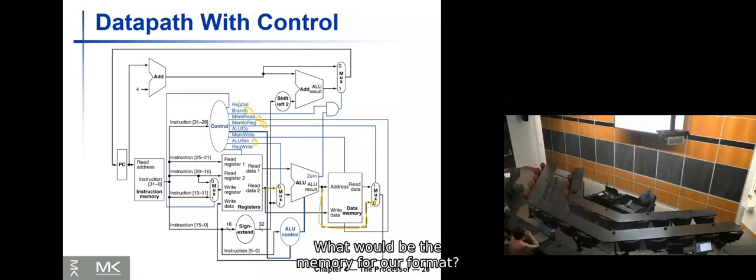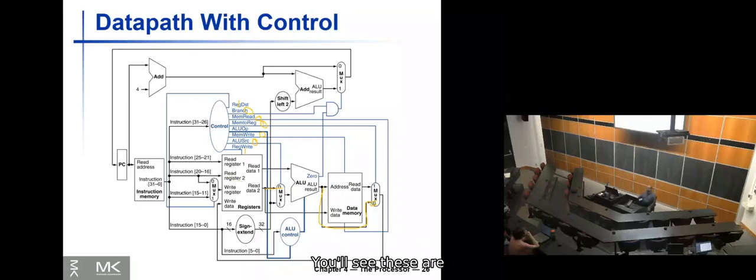Memwrite. What would be the memwrite for R format? We don't have anything with memory, so memwrite is also 0. And what about regwrite? Regwrite would become active because R format will update the register file based on the ALU output.